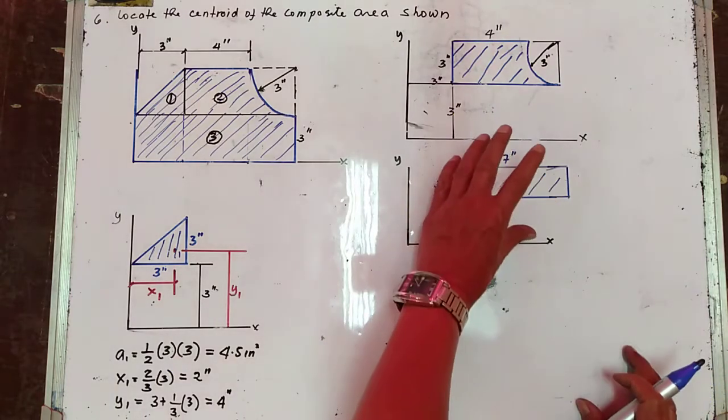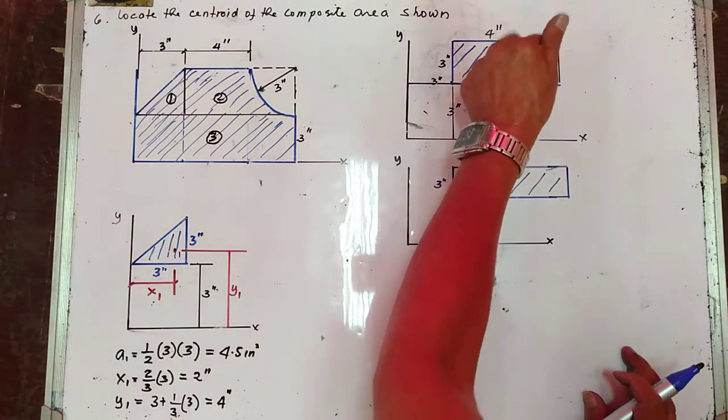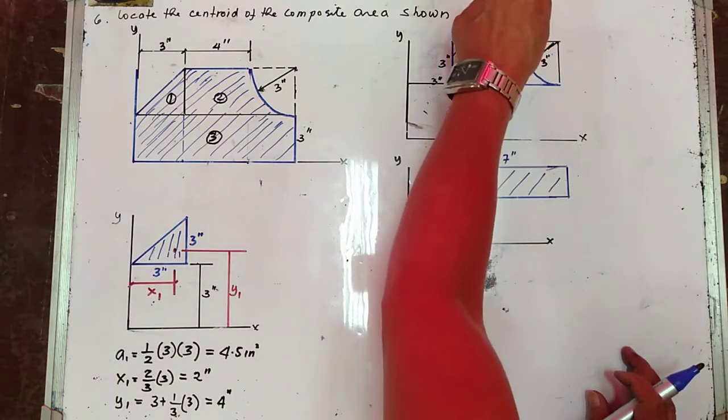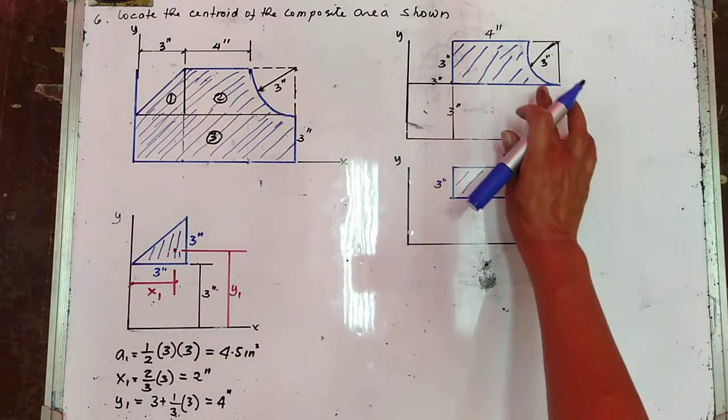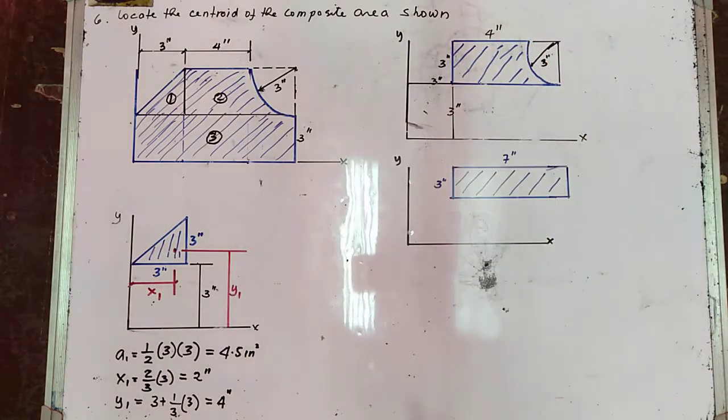So the rectangular area, we are going to subtract this quarter of a circle to get the net area.